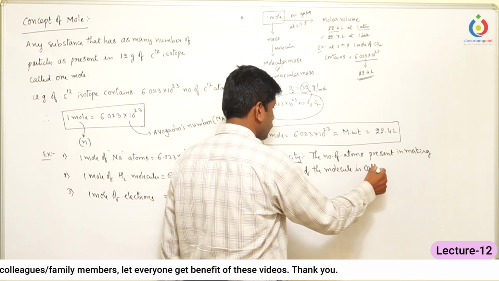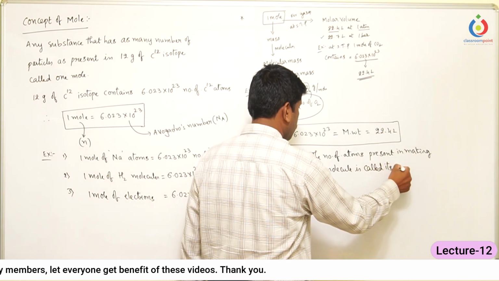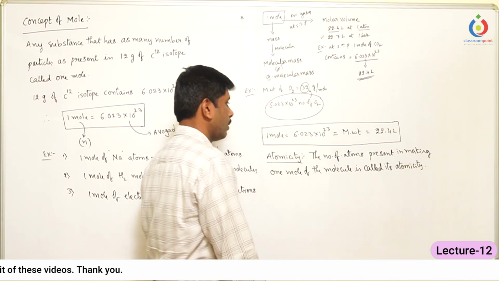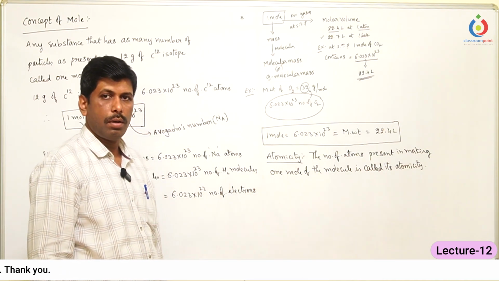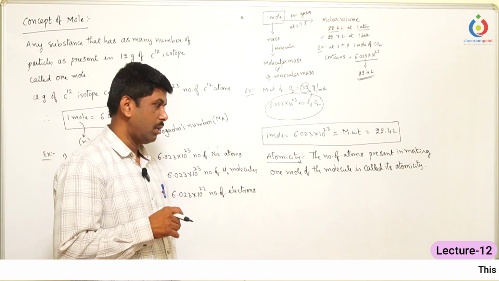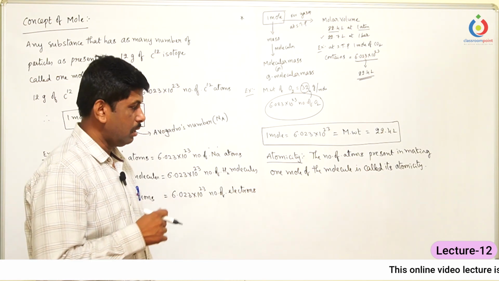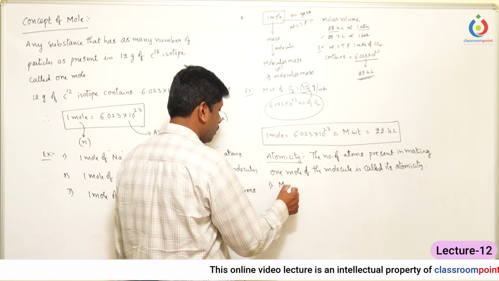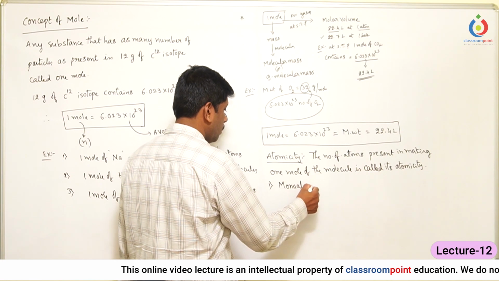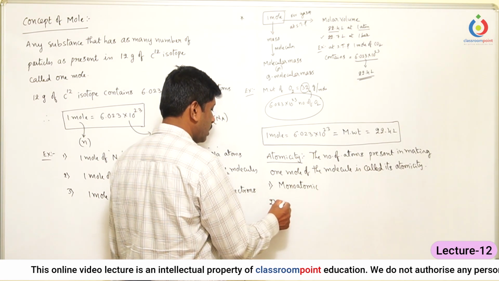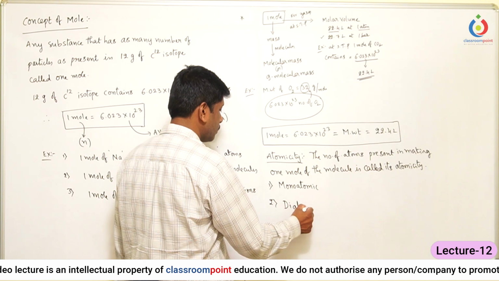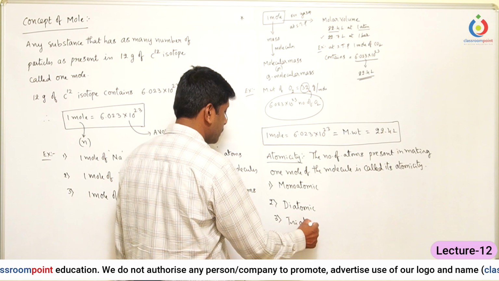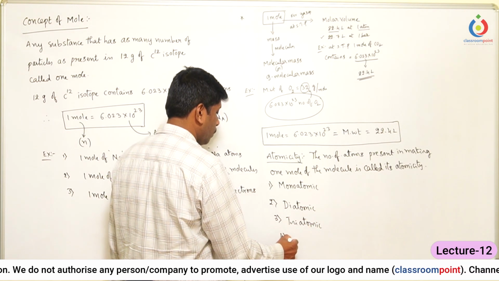Whatever number of atoms participate in making 1 mole of the molecule, that is called its atomicity. Let us take some examples. It is of different categories: monoatomic molecules, second diatomic, third triatomic, and fourth polyatomic.